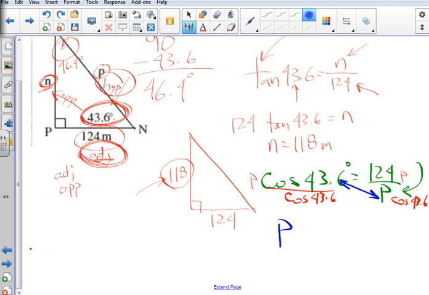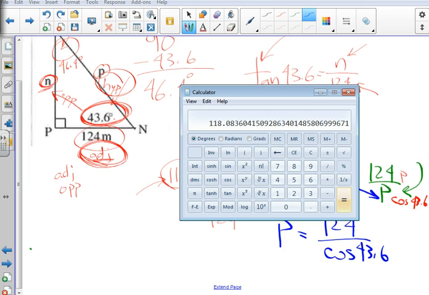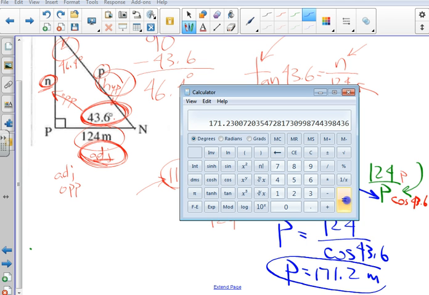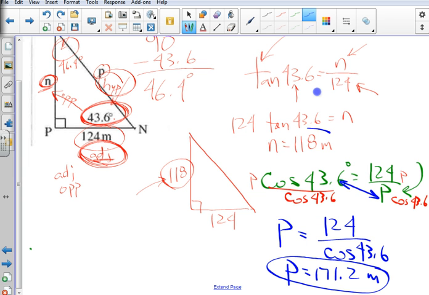So we'd end up with p equals 124 divided by the cosine of 43.6. So 124 divided by cosine of 43.6 equals 171.2. So p is 171.2 meters. So that's p, n, and the missing angle we did early on.